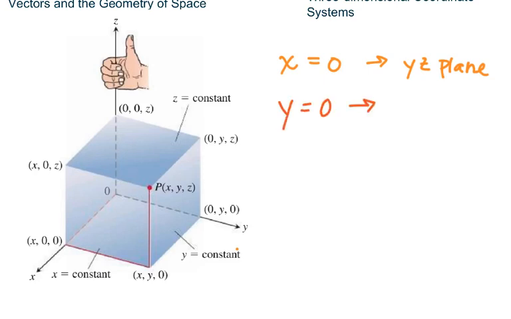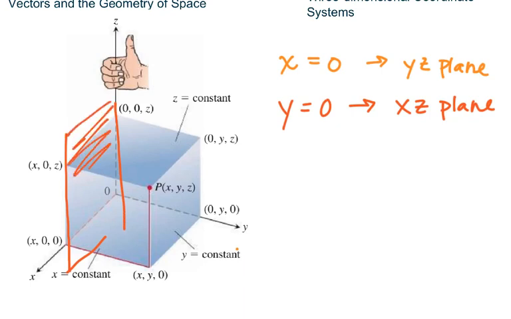y equals 0 is the xz plane. So y equals 0 looks like this far left side of our rectangular prism.